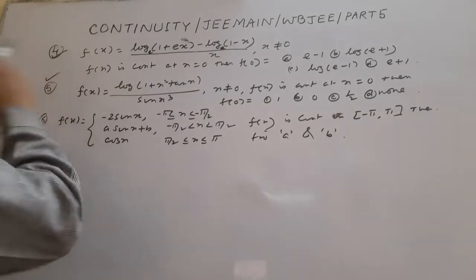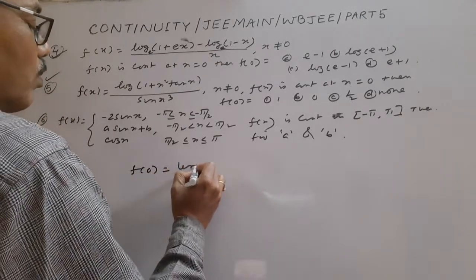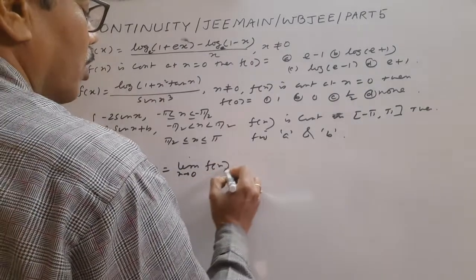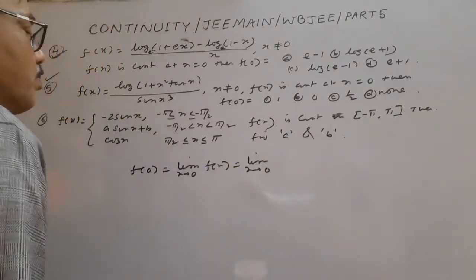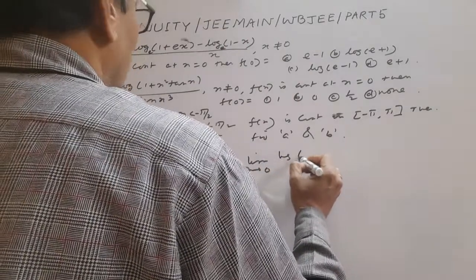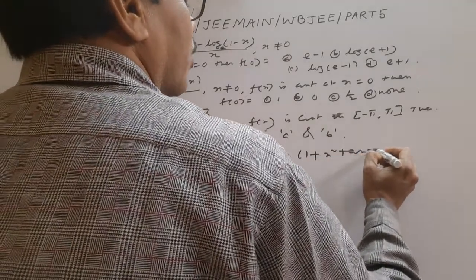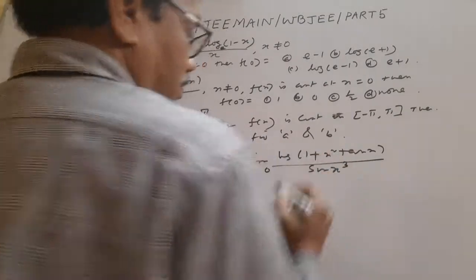So consider the second. Look, f(0) equals limit x tends to 0 of f(x), so limit x tends to 0 of log(1 plus x square tan x) by sin x cube.